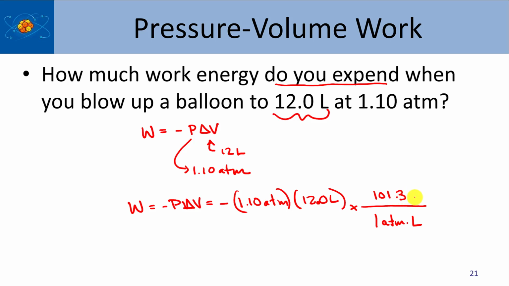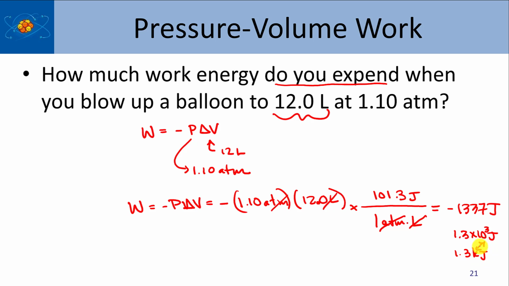So I'm going to go 1 atmosphere times a liter is 101.3 joules. Okay, so this will cancel, and then I'll end up getting 1,337 joules, or with two significant figures, 1.3 times 10 to the third joules, or 1.3 kilojoules, since this is a direct substitution.